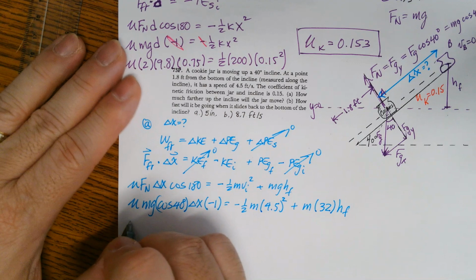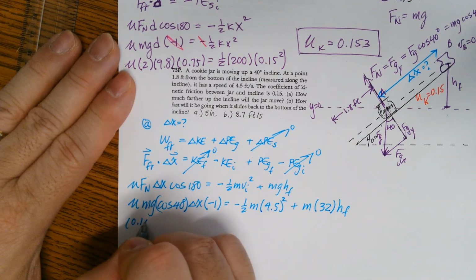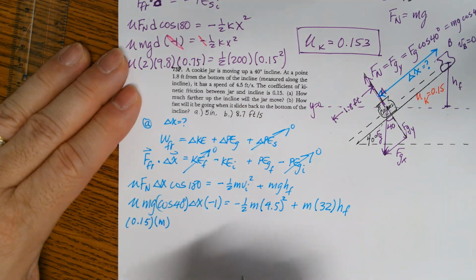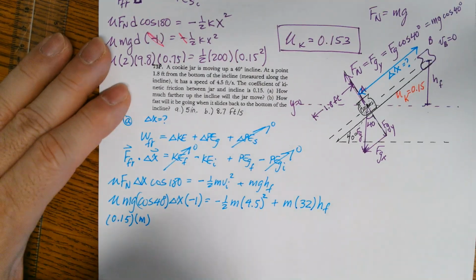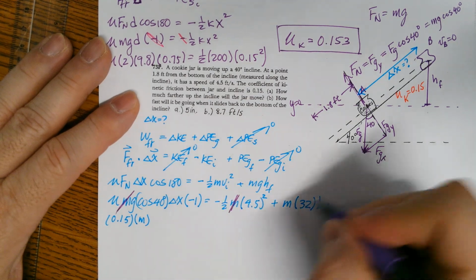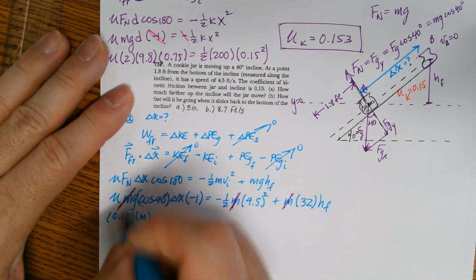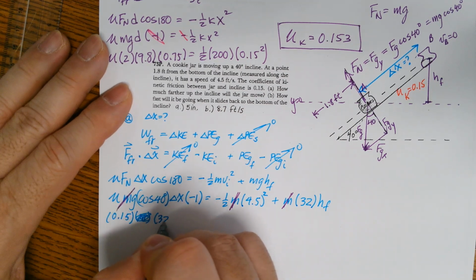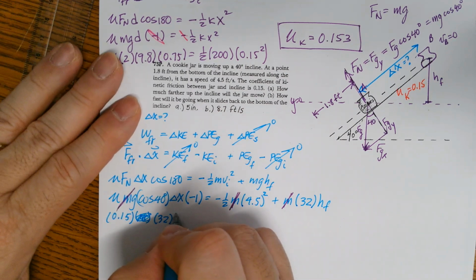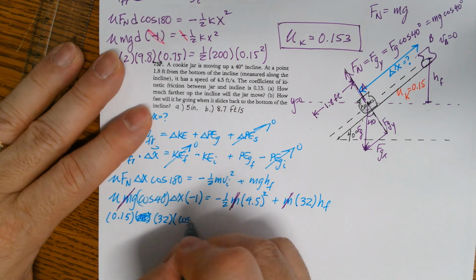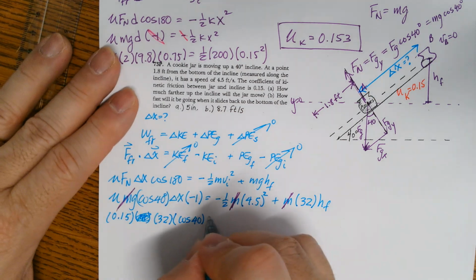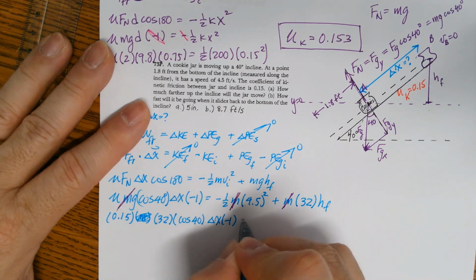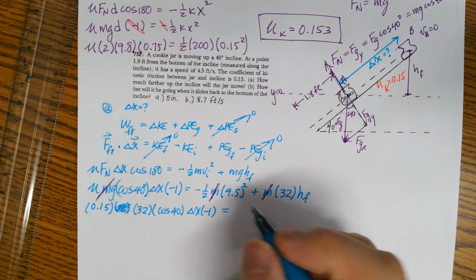Let's plug all the values in. So 0.15 times m, which we don't know. I guess we could cancel out all the m's, huh? So maybe we can just put 32 in here instead. So this is gone. 32 times cosine of 40 times negative 1 is equal to all this mess.